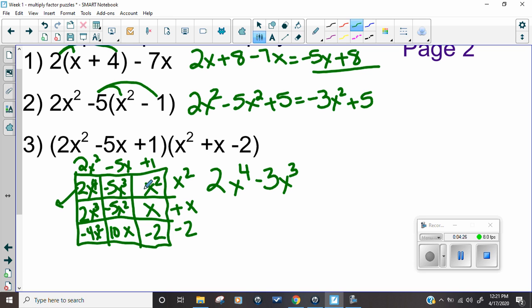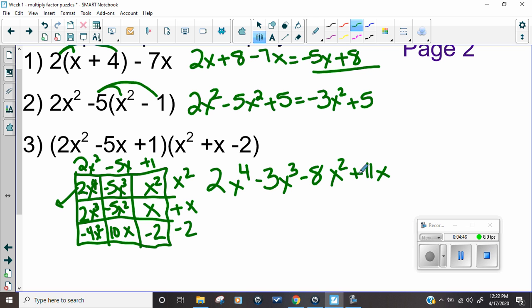And then squared, I have 1 minus 5 minus 4. Negative 4 minus 5 is negative 9, plus 1 is negative 8, x squared. And then 1 plus 10x, so that's 11x.